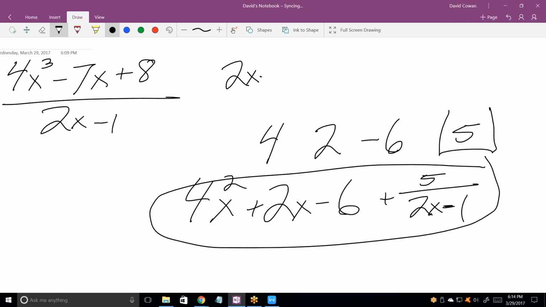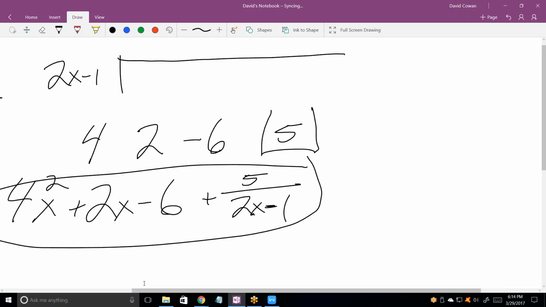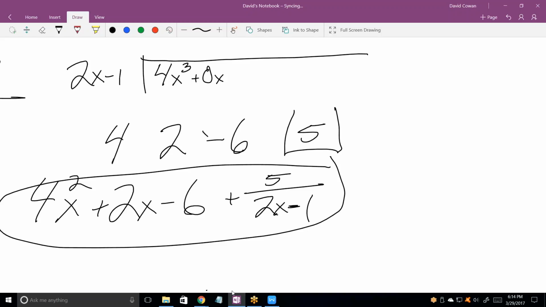Let's see, 2x minus 1 divided into, hold on, what was the original function? 4x cubed, plus 0x squared, minus 7x, plus 8.